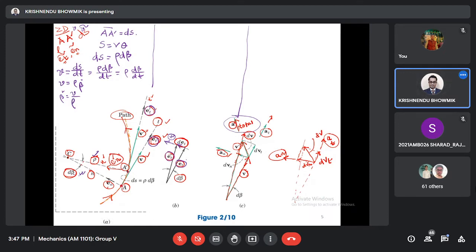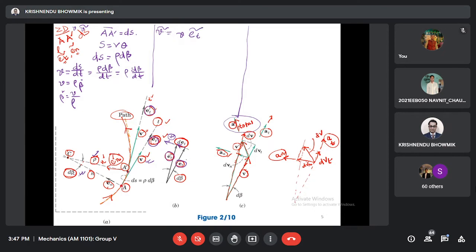Now, velocity v, vectorially it is magnitude multiplied by a direction. Velocity v is acting in which direction? Tangential, correct? So it is et. Now the acceleration will be d by dt of v et, where the hat represents direction.